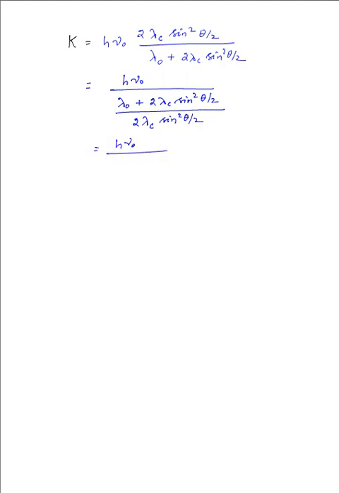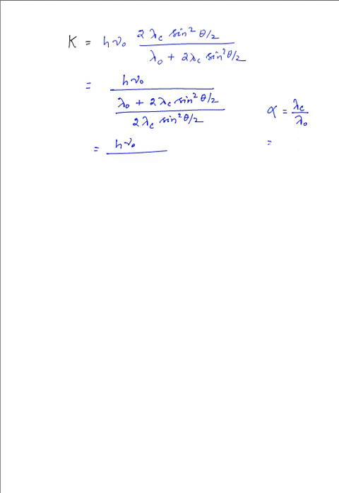Now we introduce a new term, alpha, a shorthand notation which will come in handy to write the expression, because the expression won't look that bulky. So we have the value of alpha to be equal to lambda c over lambda naught.